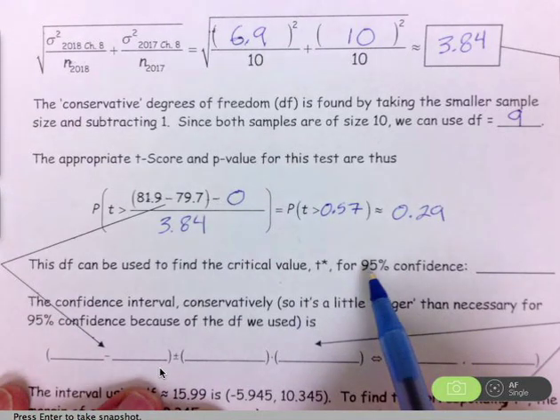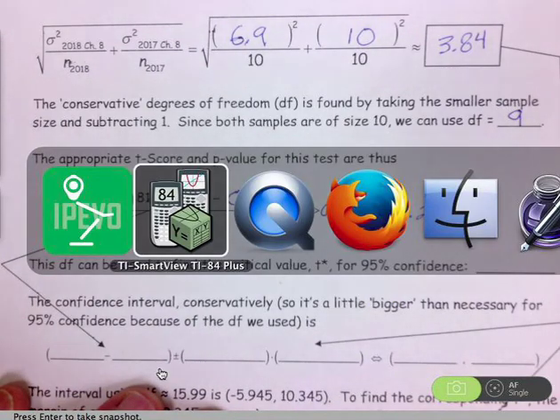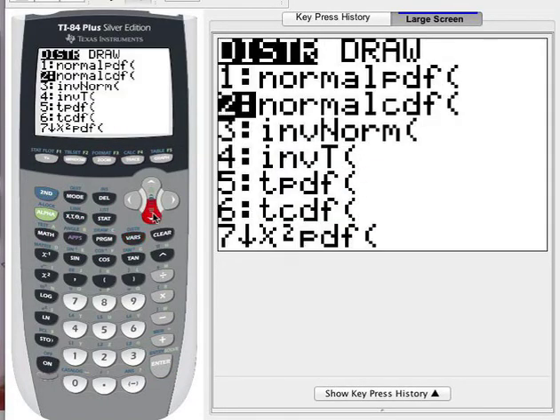So remember, with 95% confidence, we're cutting off the 5% of the sampling distribution that's most extreme, 2.5% at the top and 2.5% on the lower end of the sampling distribution. So to find our conservative critical value, one way to do it would be to use the inverse t command. Here it is.